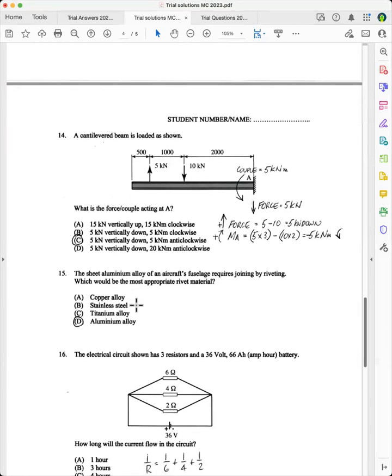The sheet aluminium alloy of an aircraft's fuselage requires joining by riveting. Which will be the most appropriate rivet material? Now, if you can get a rivet that is close to the material that you're riveting, that is ideal. You don't want materials that the rivet's made from that are quite a distance from that sheet material on the electrochemical series.